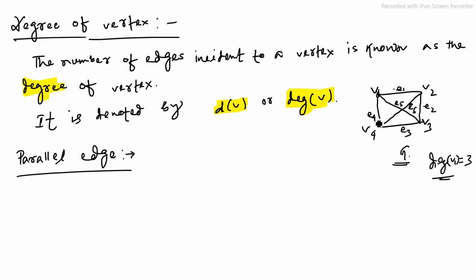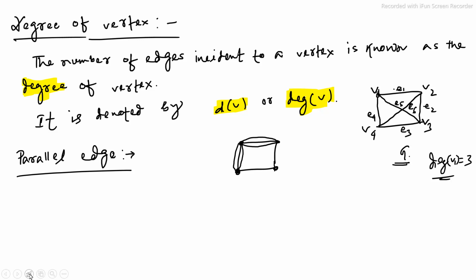First, in this graph, these are the nodes, and parallel edge means this type. If in a graph you see this type of edges, then this graph has parallel edges.